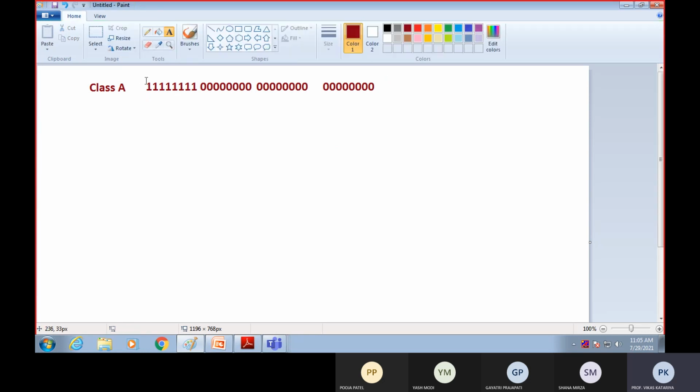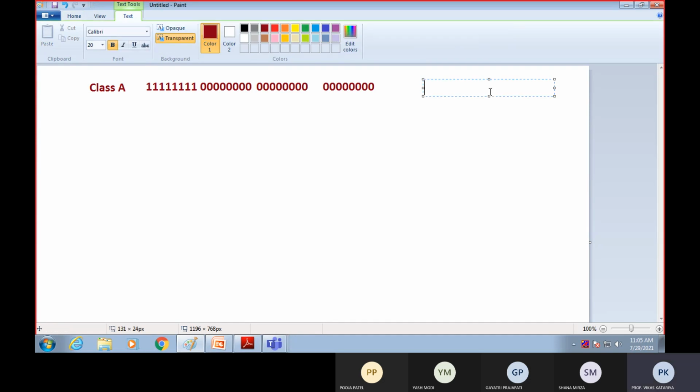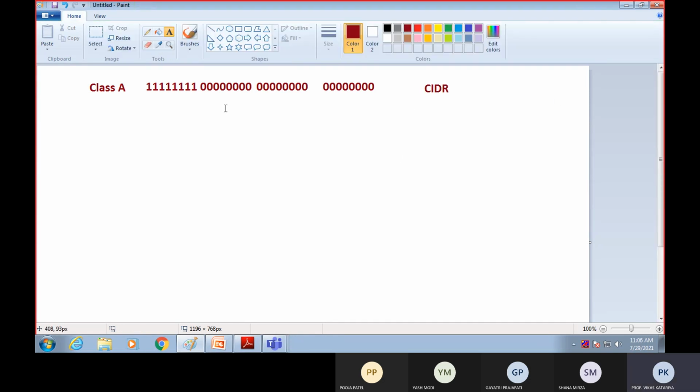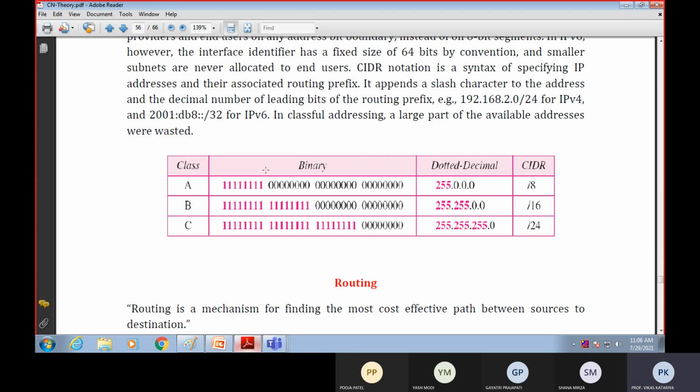This is the example of a class A IP address. Now this is a classful IP address, but if you want to convert it into CIDR notation, then we have to calculate how many ones are in the network ID.